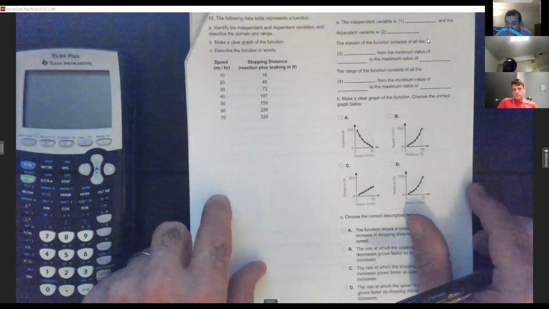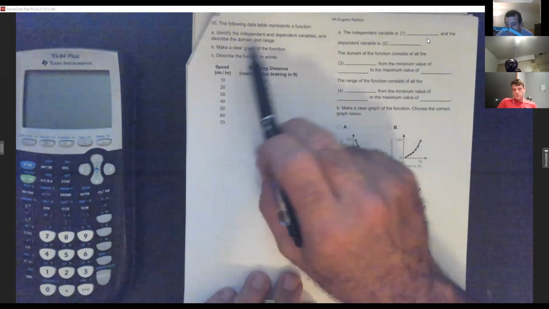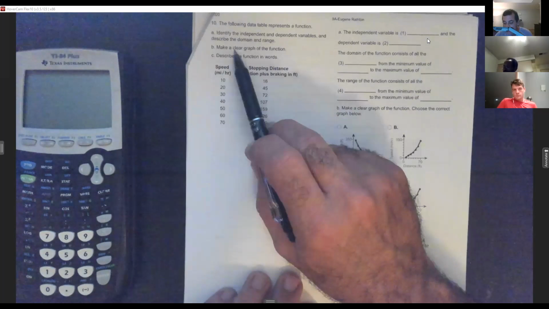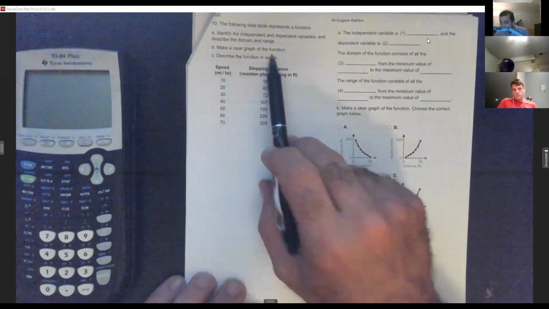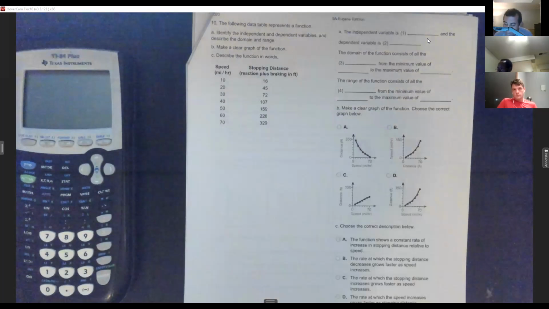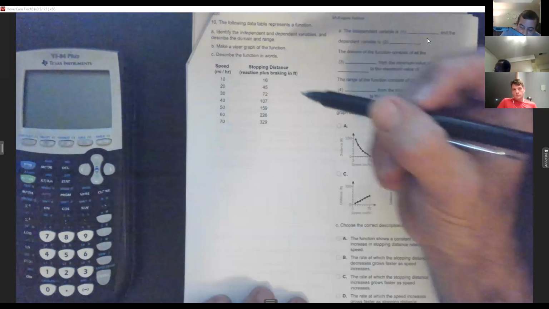Same thing here. We're going to identify the independent and dependent variables and then describe the domain and range, and then make a clear graph of the function. So we'll just pick one of these. When they're in this order, the first column is going to be your independent variable.